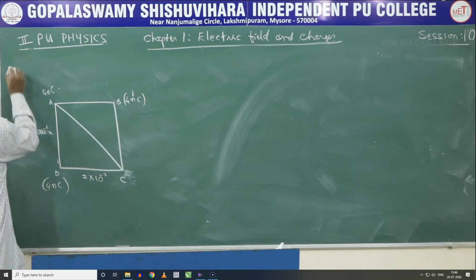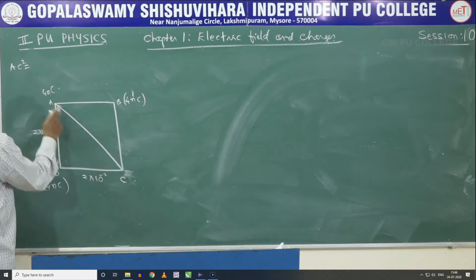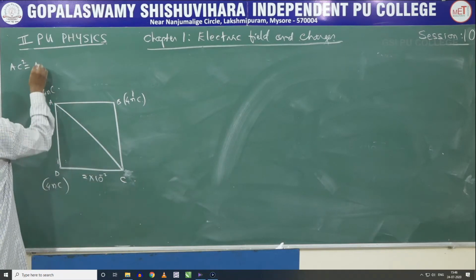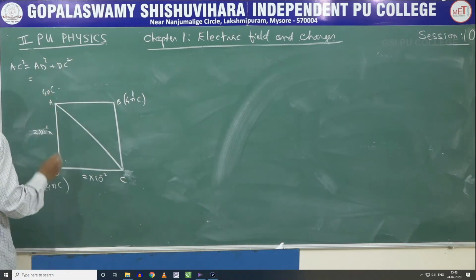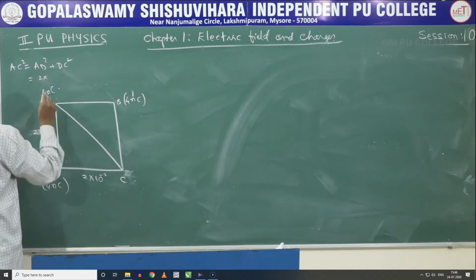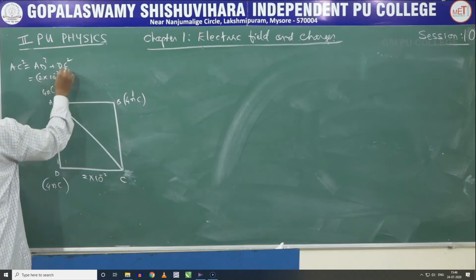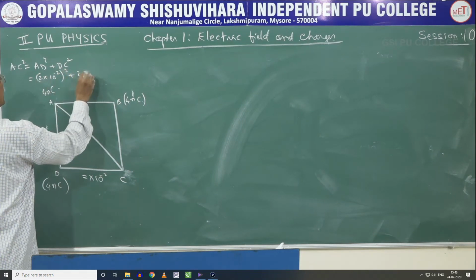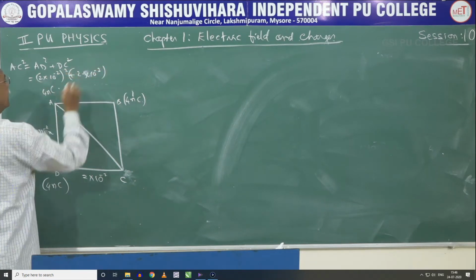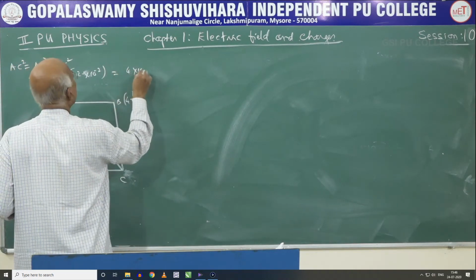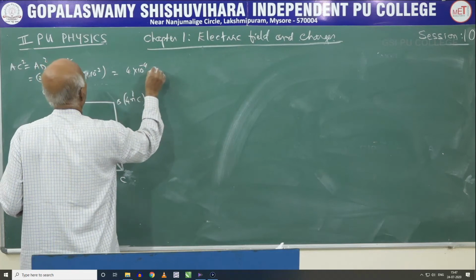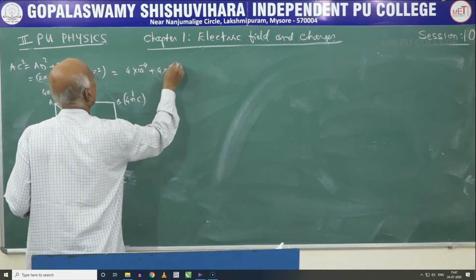Therefore, from the figure, AC square is equal to AD square plus DC square. So this is equal to 2 into 10 to the power of minus 2 the square plus 2 into 10 to the power of minus 2 the square. This put together is equal to 4 into 10 to the power of minus 4 plus 4 into 10 to the power of minus 4.